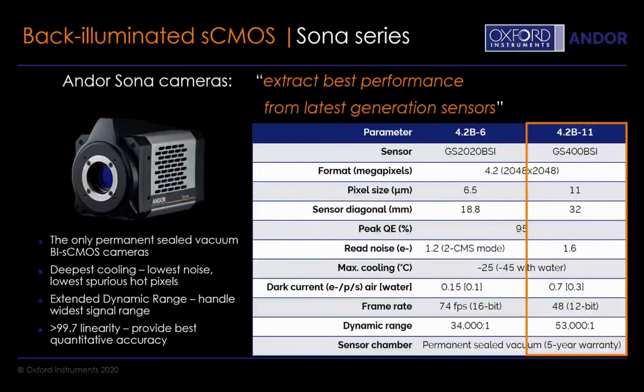However, the other camera that is covered has this larger pixel size, so although it's still 4.2 megapixels, the larger pixel size gives it this large sensor area, and that's what's particularly interesting about that sensor.